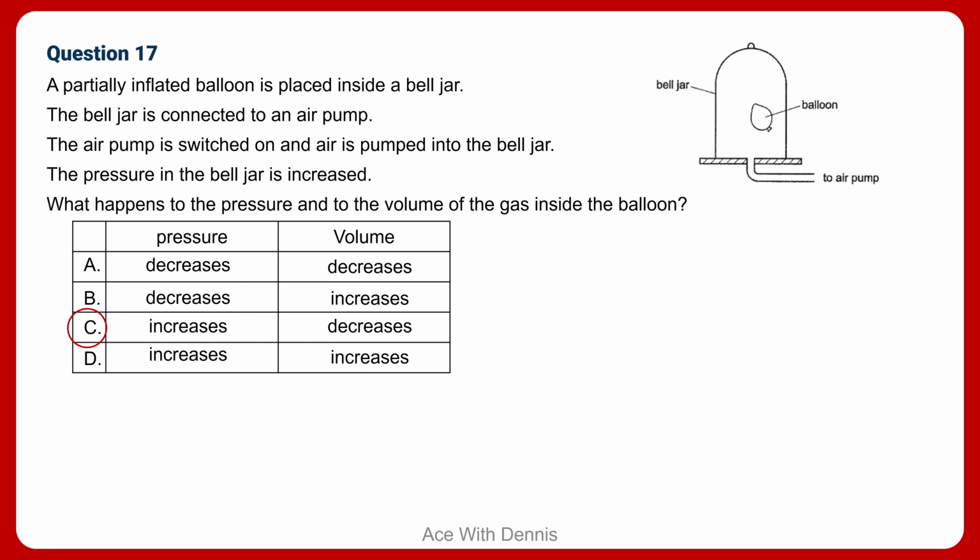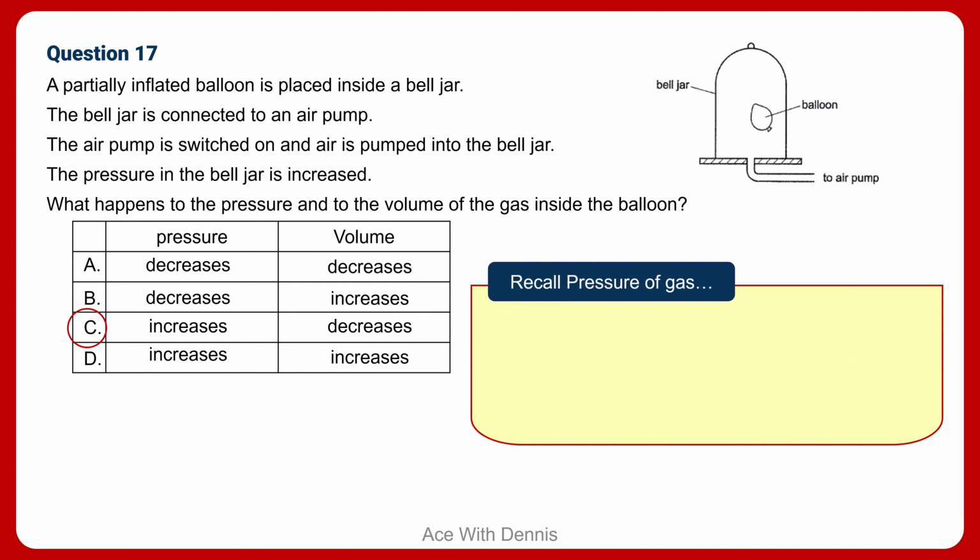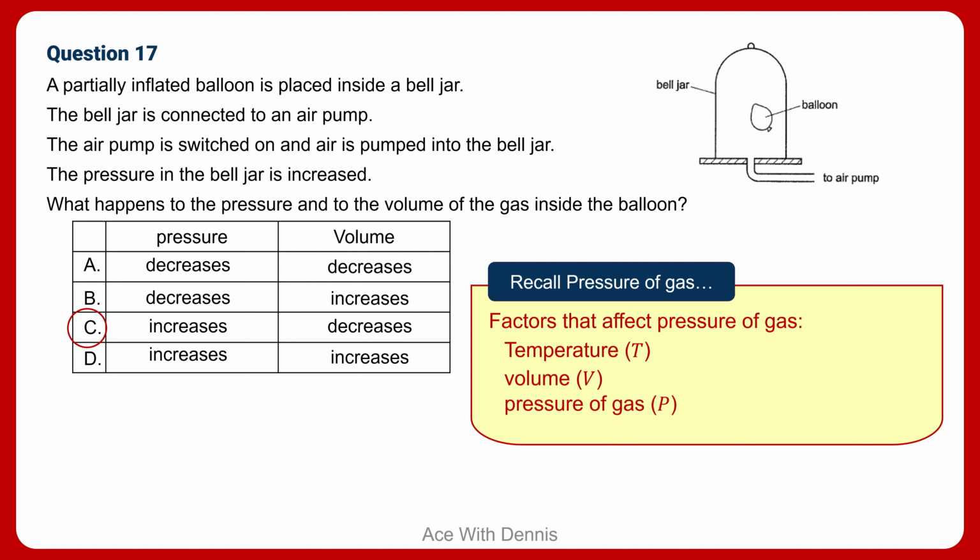To explain this, let's recall the pressure of gas. When we talk about the pressure of gas, we can consider the factors that affect it. There are three factors to consider, which are the temperature T, the volume V, and the pressure of gas P. So here is how these three quantities affect each other.